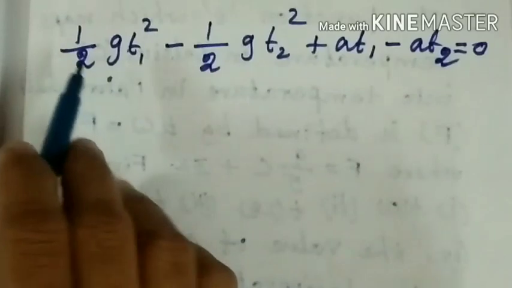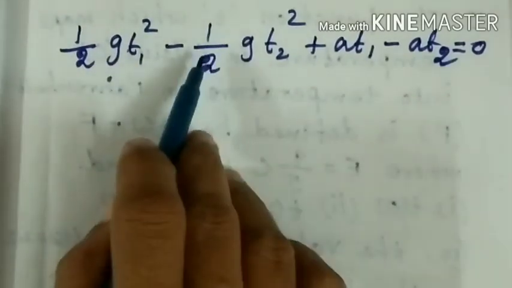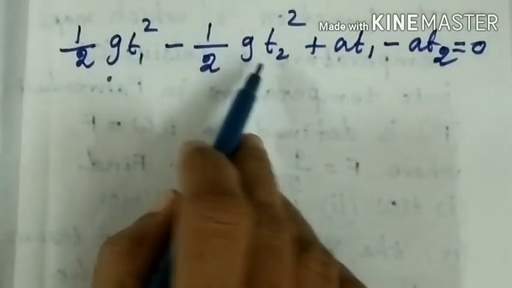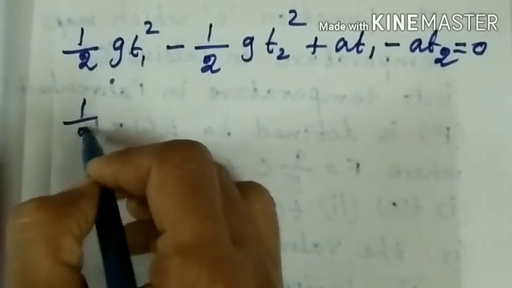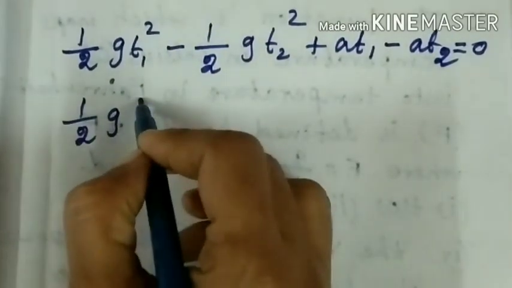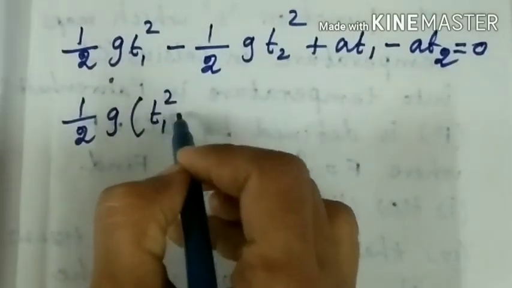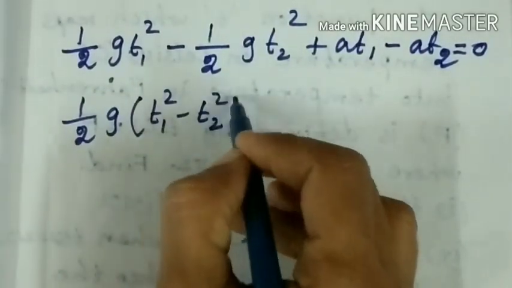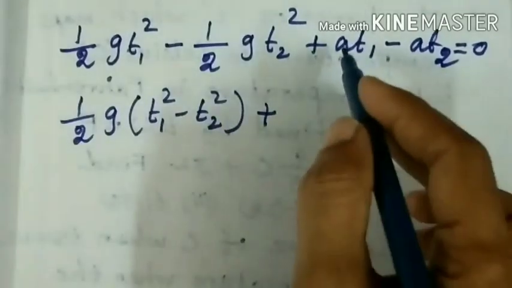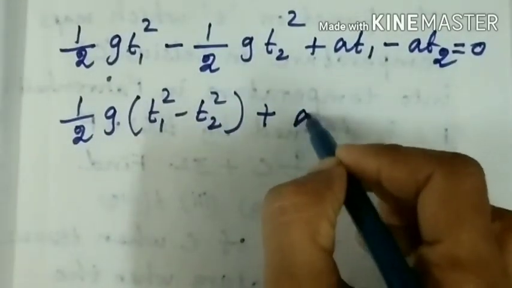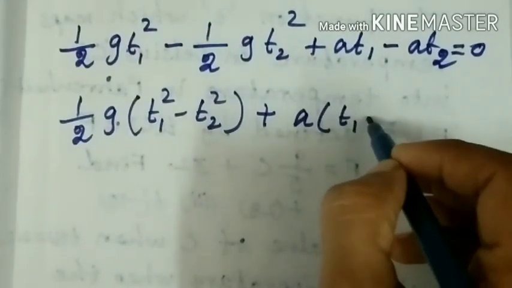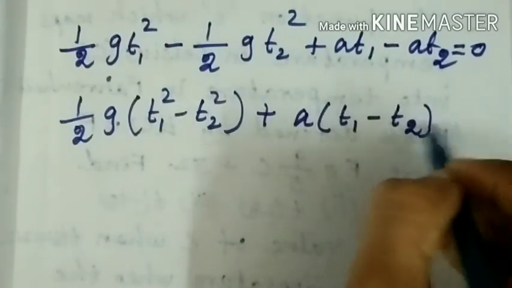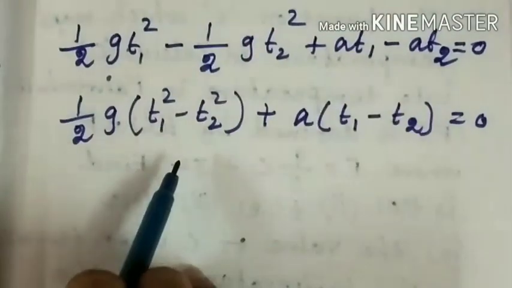See, in this term half g and here also half g, and take out this common term, we get 1 by 2 g into t1 squared minus t2 squared plus, here a is common, so you take out a, we get t1 minus t2 equal to 0.